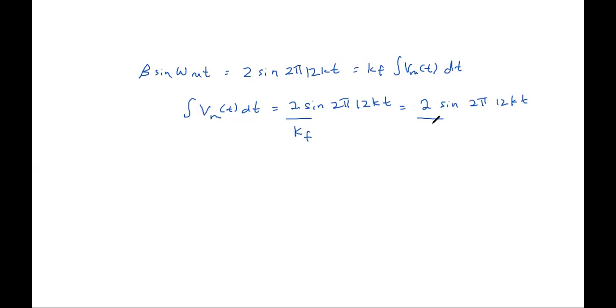Our Kf is equal to 8 pi kilorad. So in order to get vm(t), we just differentiate this.